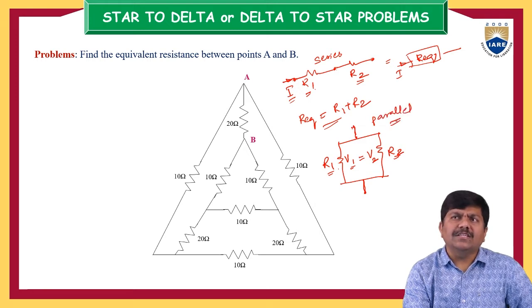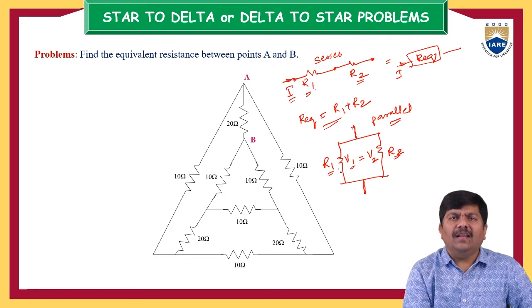So the parallel connection can be ensured by checking the magnitude of the voltage drops across various elements. If the magnitude of the voltage drop is the same, then the elements are said to be connected in parallel.